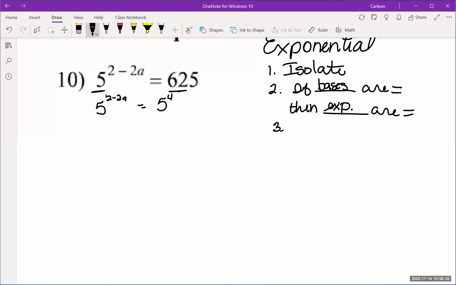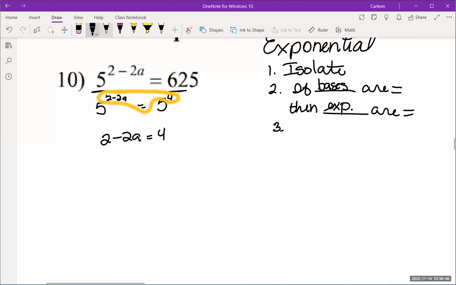Now you're doing an Ed puzzle this week, and it says you cancel the 5s. You're not really canceling the 5s, but we're bringing down the exponents. So 2 minus 2a is equal to the 4. Not canceling, but if the bases are the same, then the exponents are the same.